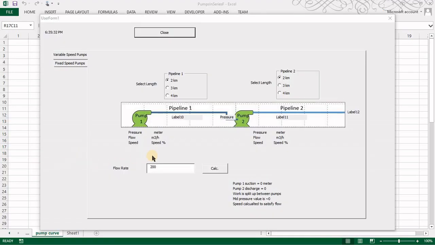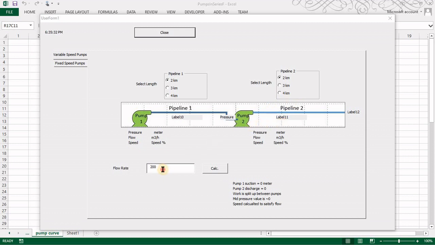As you can see now, we are in the variable speed pumps. We have 2 pumps in a pipeline, and the length between pump 1 and pump 2 and the discharge is defined by these push buttons here and these push buttons here. So we can define this as 3 kilometers or 2 or 4, and the other one exactly the same.